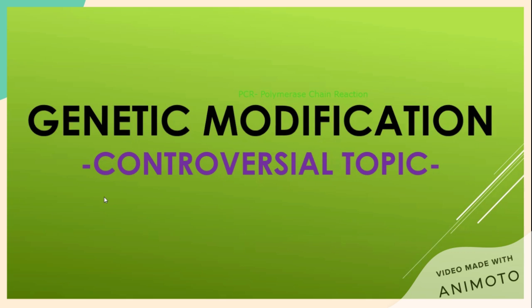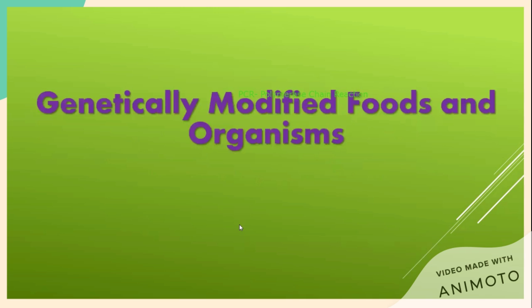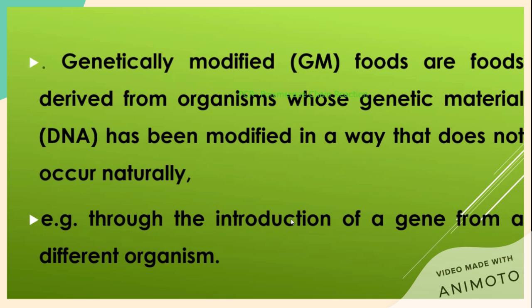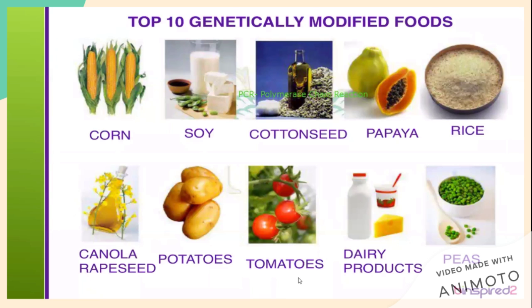And so here comes the implementation of genetic engineering to improve the conditions outlined. There's a wide range of foods that are genetically modified across the world, to ensure our food security.